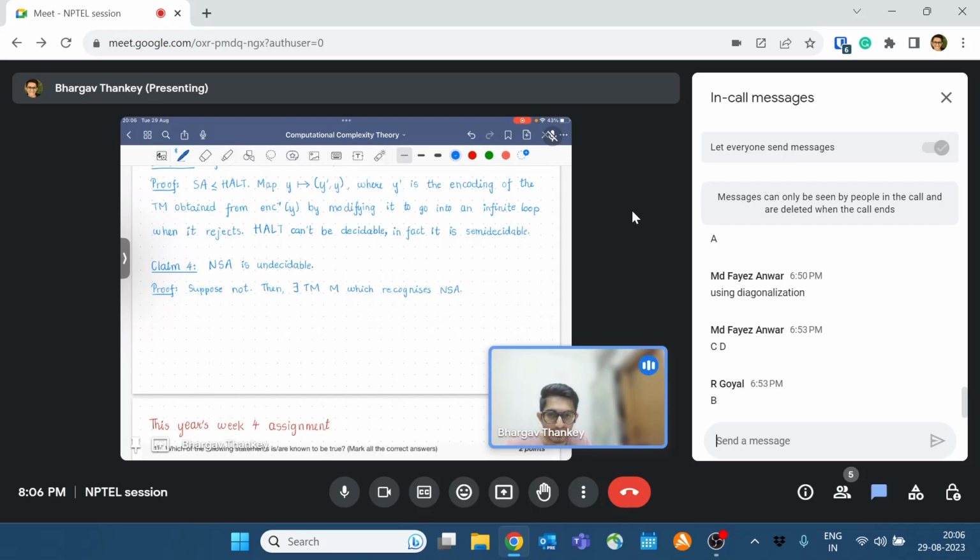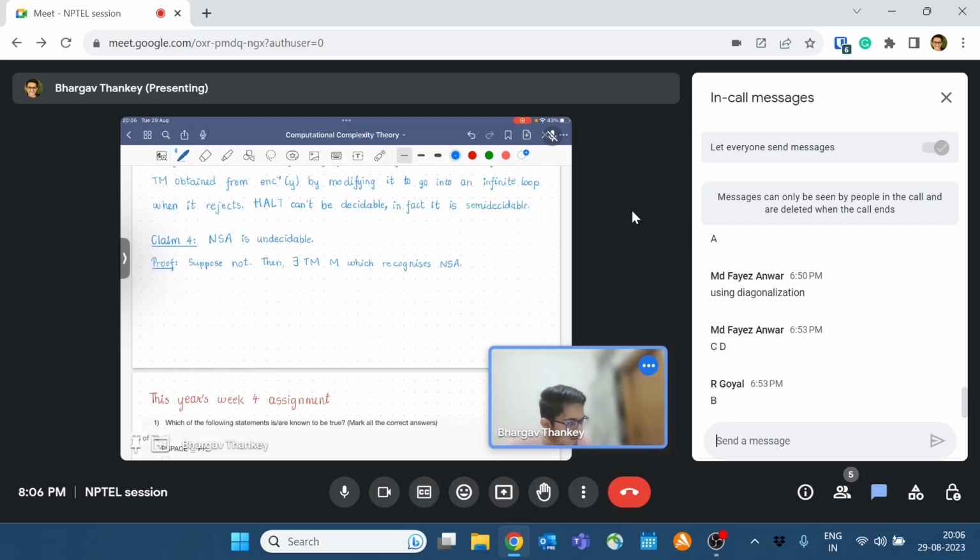And what do I mean by recognizes? If a string is in NSA, that Turing machine halts and accepts that string. If the string is not in NSA, then the Turing machine might either reject it and halt, or never halt at all.